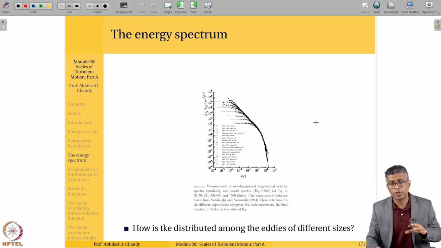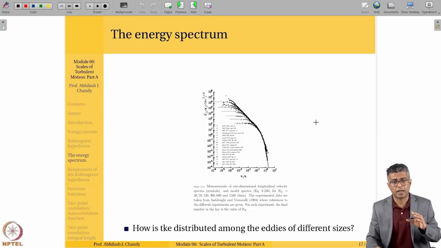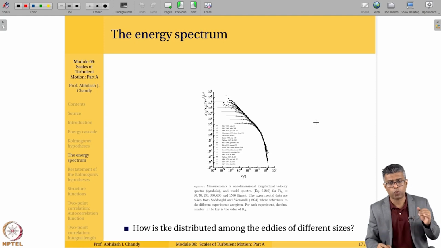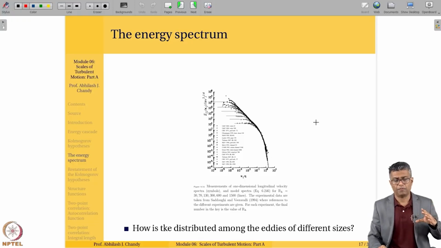I'll go into these kinds of plots later, but what I want you to look at here is 2 or 3 things. One, on the y-axis I have the energy spectrum, which is scaled with some appropriate variables. It looks like it is scaled with epsilon and nu. Why that is the case, we'll come to later.